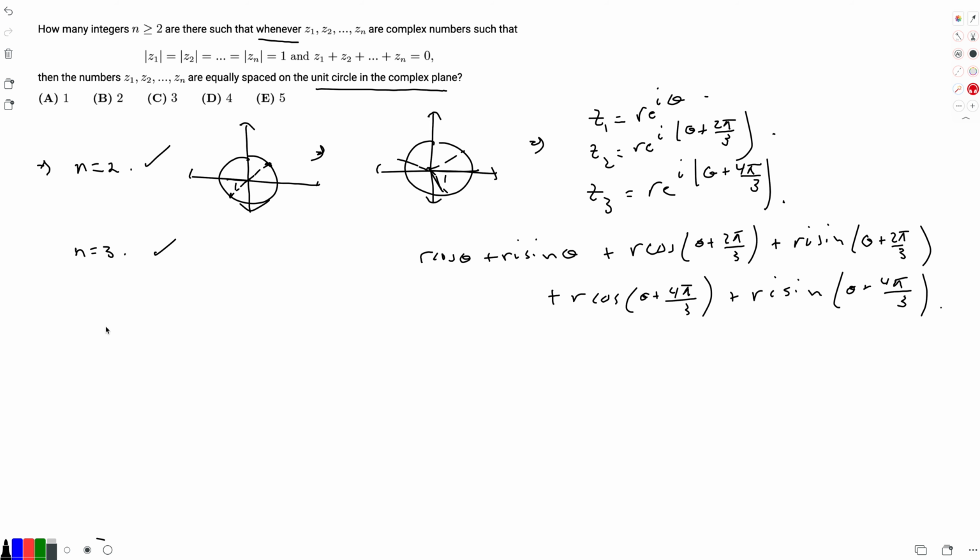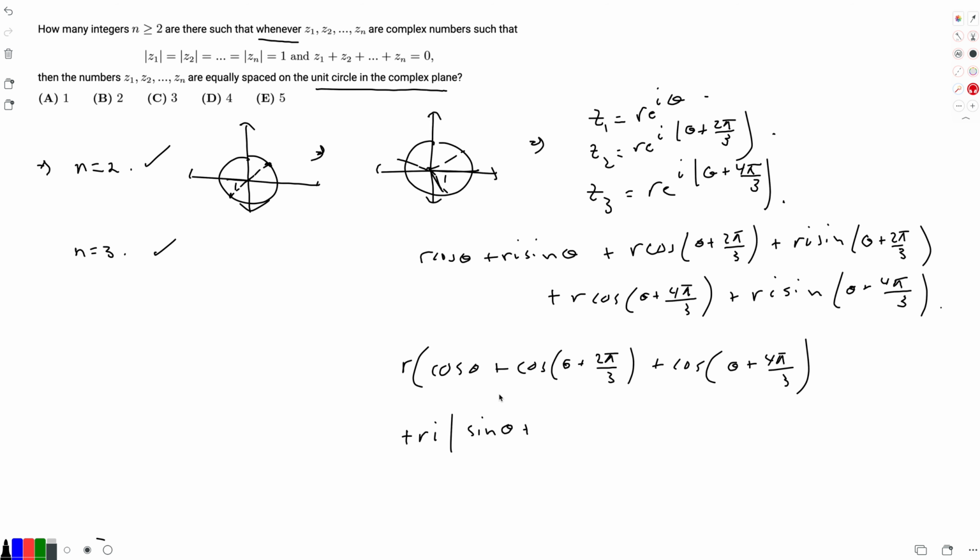Now perhaps we can evaluate everything with sum to product, but I'm actually just going to group it to become a little bit neater. Factoring in r for all the cosine terms, we get cosine theta plus cosine of theta plus 2 pi over 3 plus cosine of theta plus 4 pi over 3. And then plus ri times sine theta plus sine of theta plus 2 pi over 3 plus sine of theta plus 4 pi over 3. Again, if this was on paper, it'd be much faster, but you're going to have to deal with this from now on.